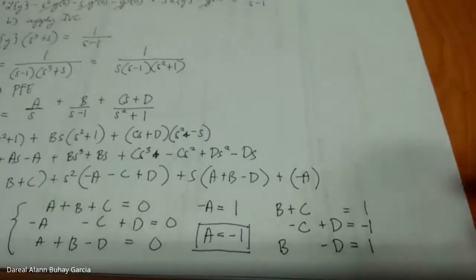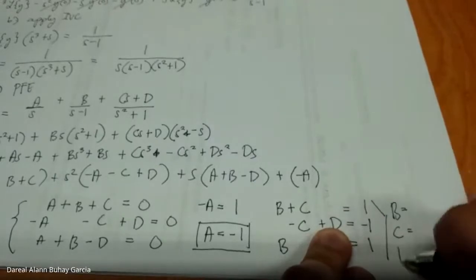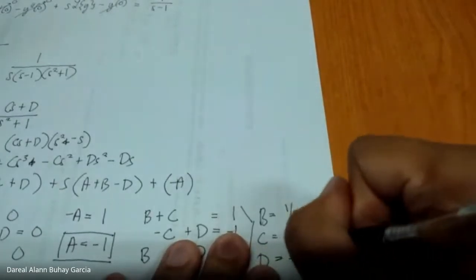Then, simultaneously solving for the constants, using the calculator. So b is positive 1/2, c is positive 1/2, d is negative 1/2. These are the constants.